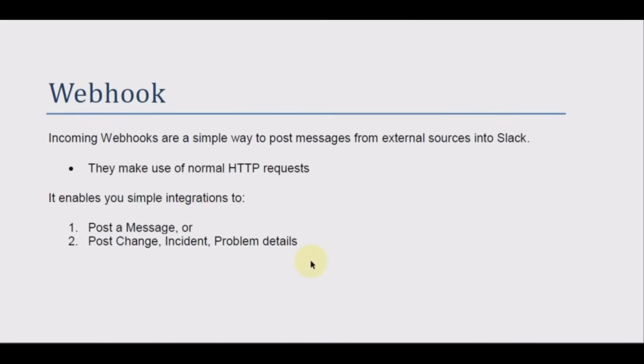So with these details, it will send a message in the Slack to all the members of that channel that this particular critical incident has just occurred and needs immediate attention.